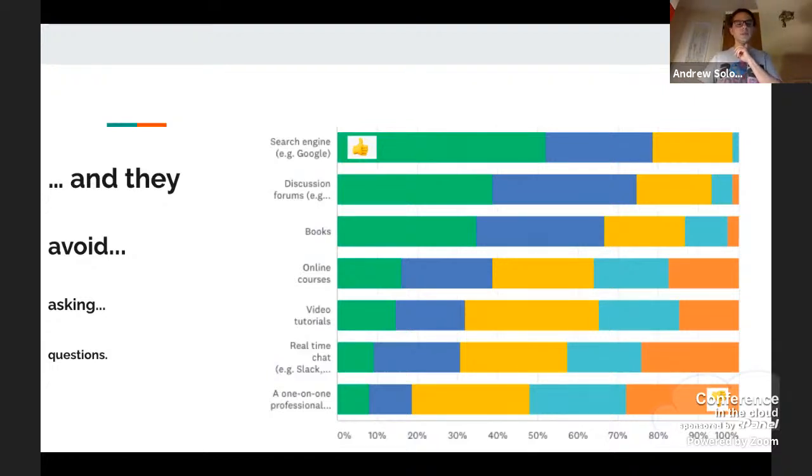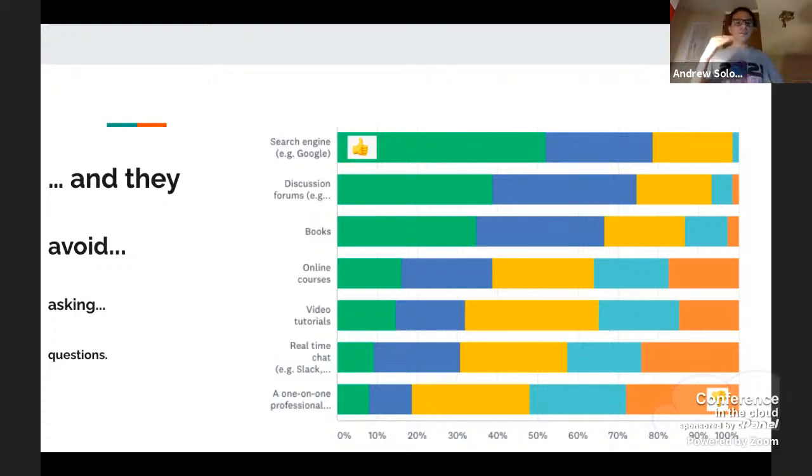And from this, we can see people don't want face-to-face mostly. And I can understand that. I'm a little bit shy, particularly when I'm in a situation where I don't know stuff and I don't even know how to ask the question. So mostly people want to be able to Google search without even fully articulating what their question is and hope they find a solution that's going to get them unstuck.